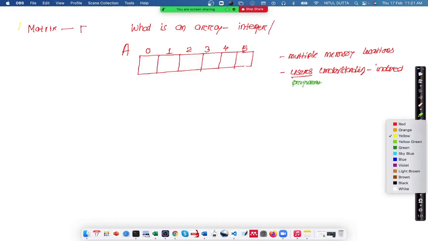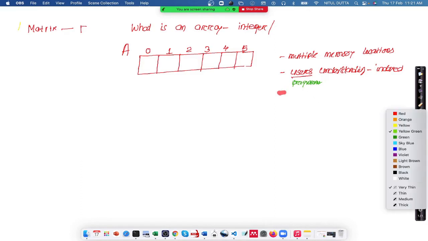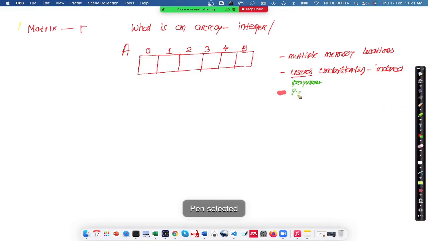But from the systems point of view, or computing point of view, this is identified by means of memory locations.